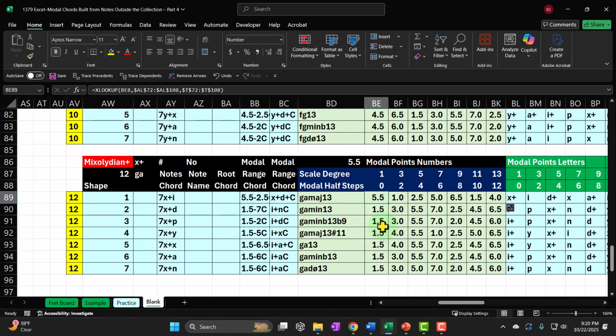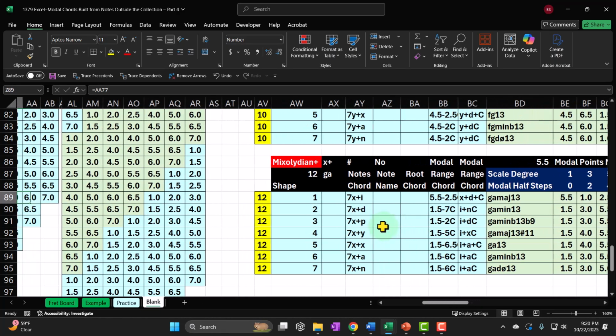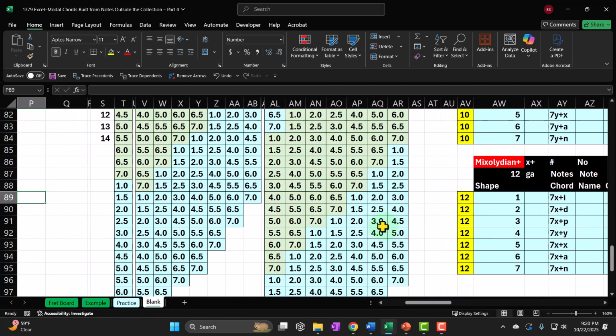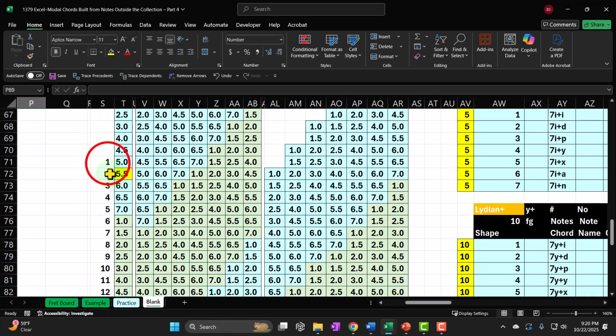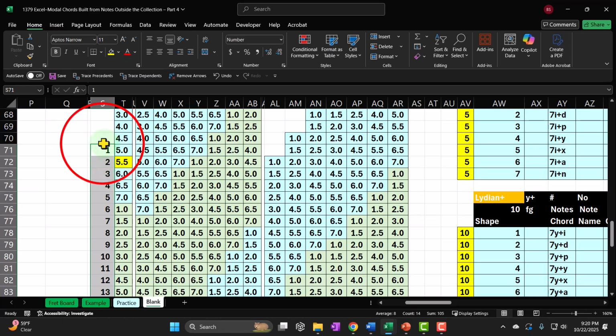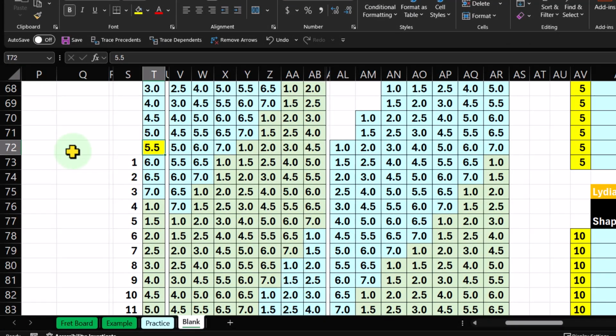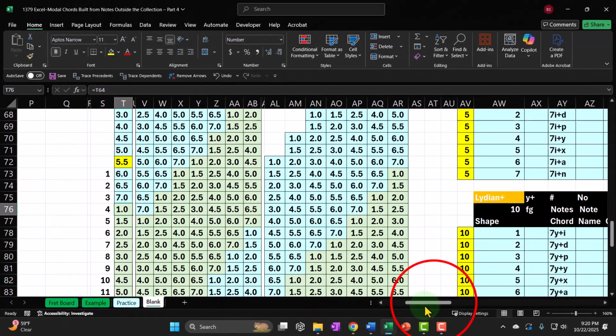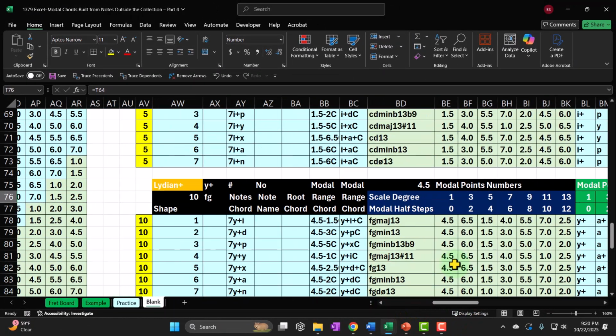So let me see if I can check this real quick. So now I'm going to go over here and say, does that make sense? Let's copy this down and say, all right, if I was to count this in half steps, so I'm on the 5.5 and I want to go up from an Ionian perspective 4 half steps up to get to the third, 1, 2, 3, 4, that should be a 1 from a nodal perspective.